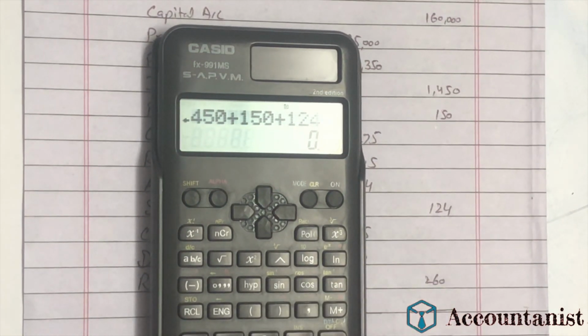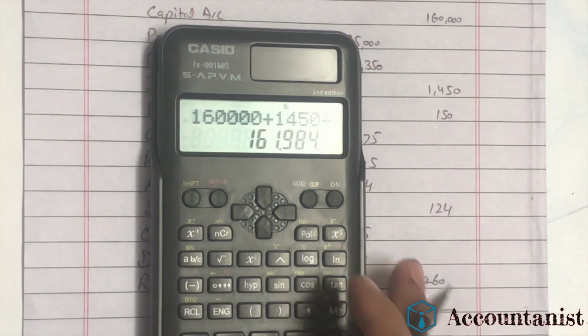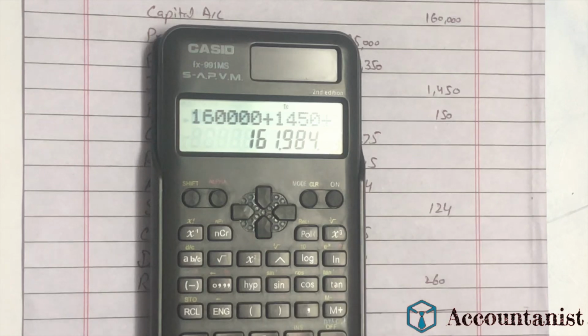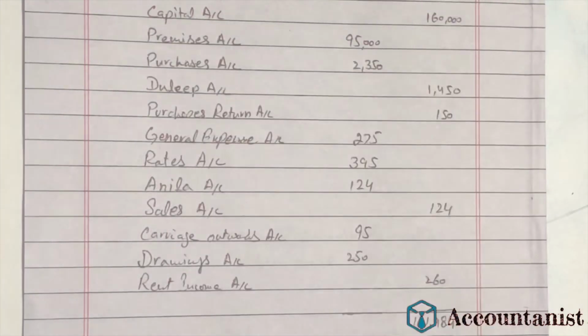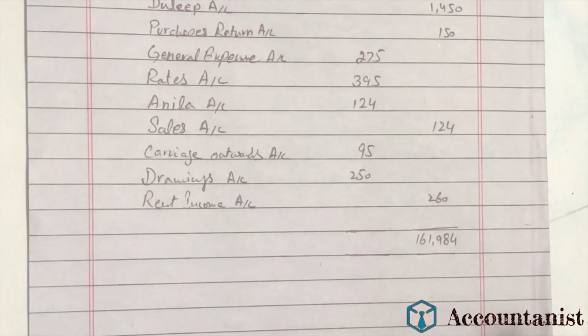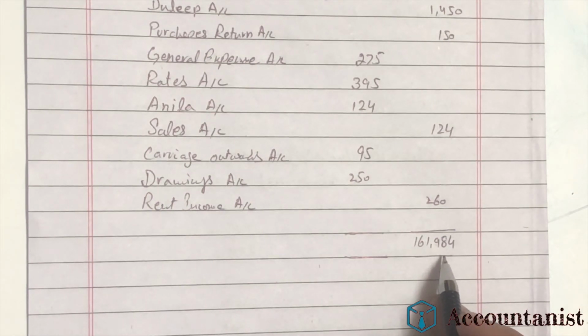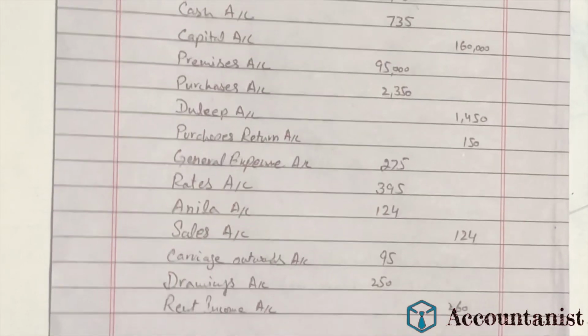So I will add all of these numbers and I will get the answer 161,984. So that's the balance that I have got on the credit side, 161,984.